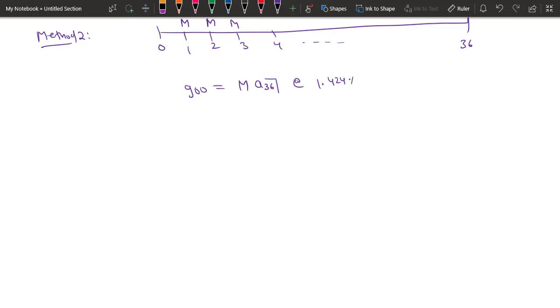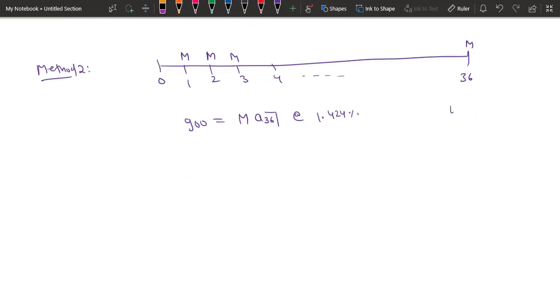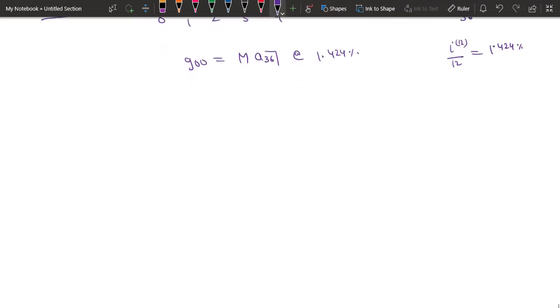And how do we calculate this 1.424%? 1.424% is our I12 by 12, which will be 0.01424. If you use this method, your answer will again be m equal to 32.13.